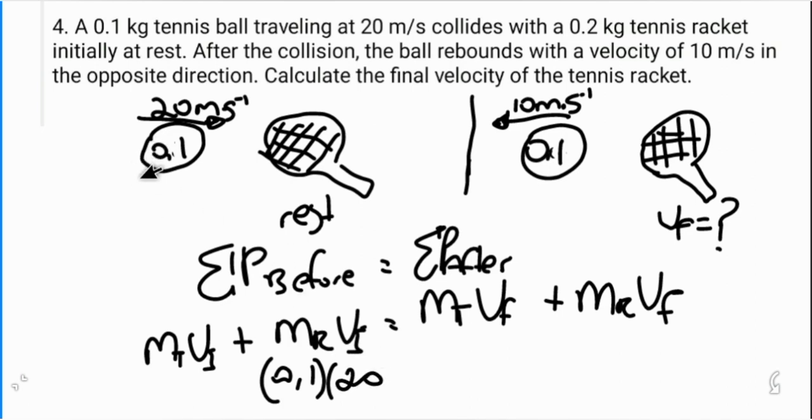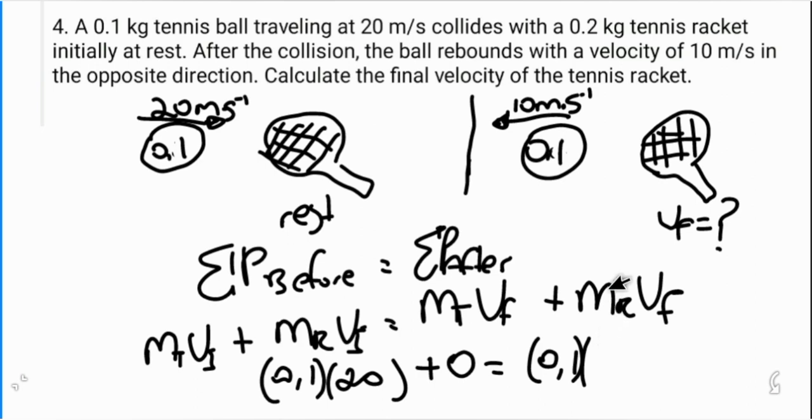The tennis ball was moving to the right with the initial velocity of 20 meters per second, and there was no momentum for the racket. Then that means 0 is equal to the mass of the tennis ball, which is 0.1, times its final velocity.